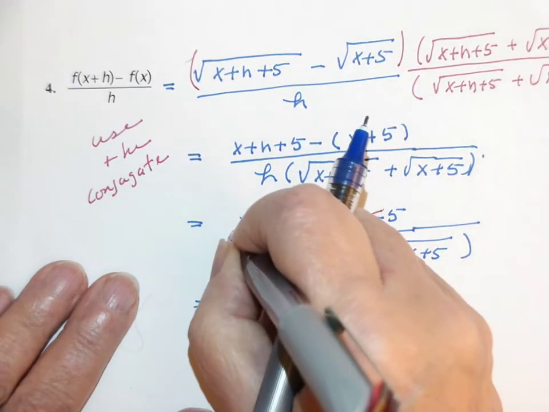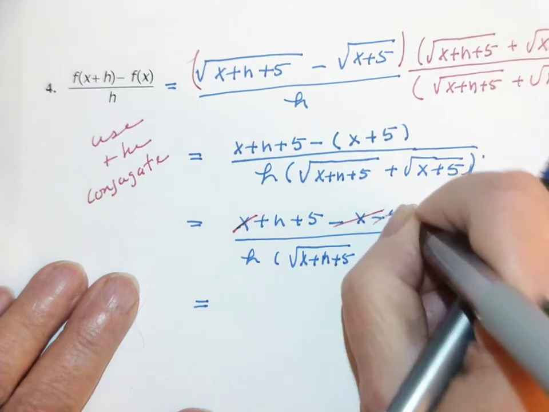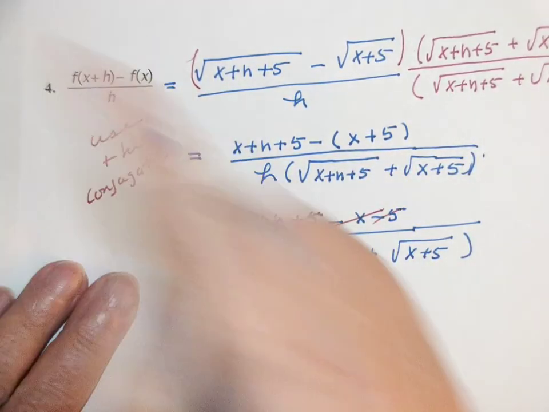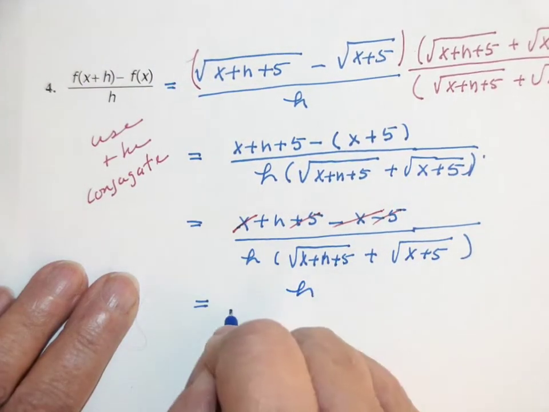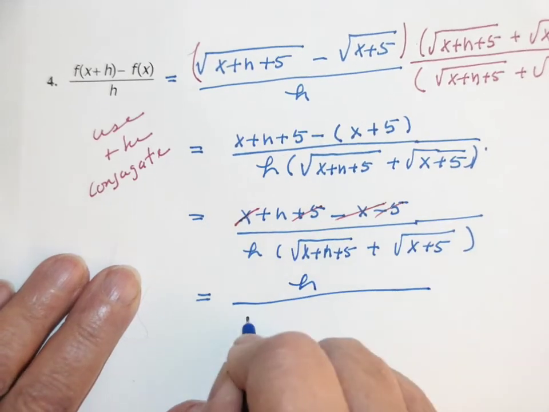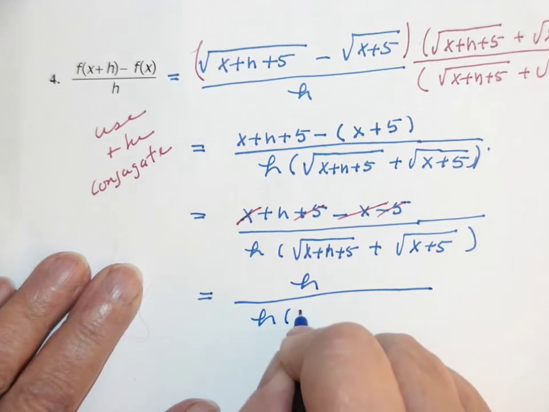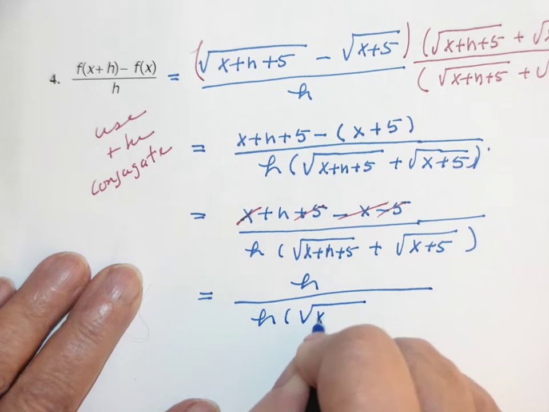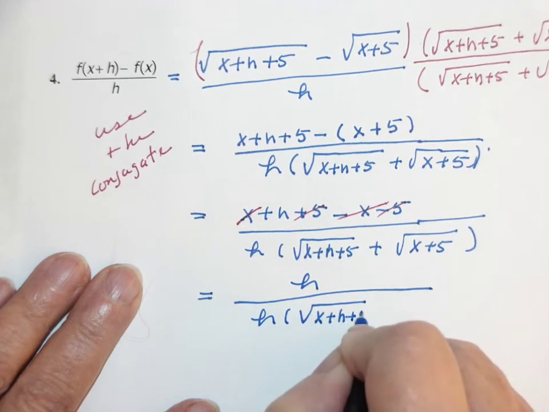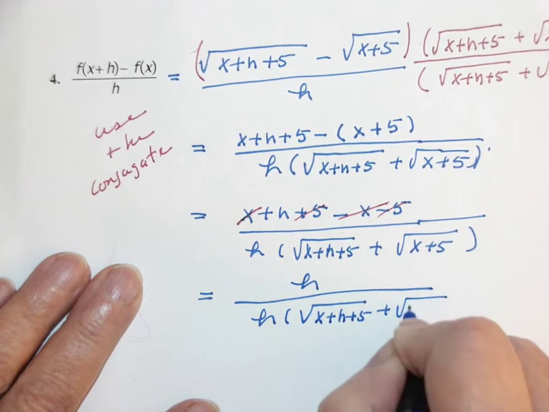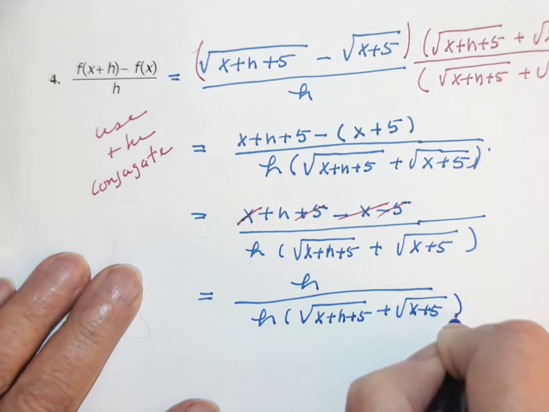Plus x minus x plus 5 minus 5, there's h all by his lonesome, over h times the square root of x plus h plus 5 plus the square root of x plus 5.